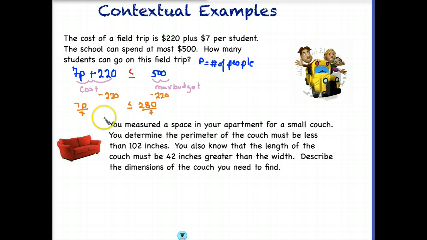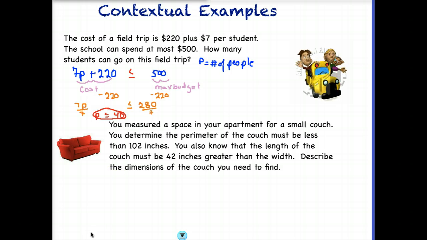And our final answer, and let's do that in red, we would say that the number of people that can go on this trip has to be less than or equal to 40. Okay, so there are 40 people at max that can go on this trip, up to 40. All right, let's look at our second problem.